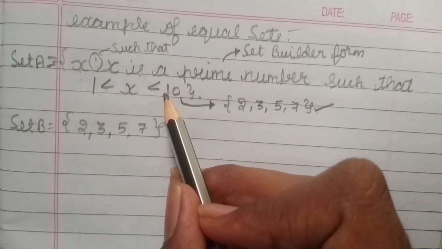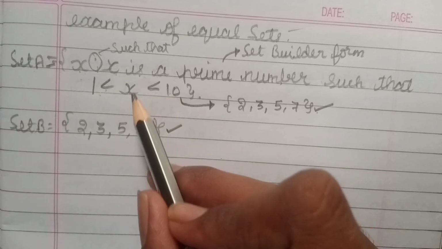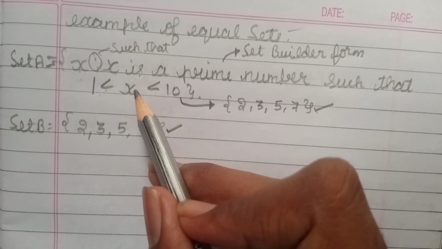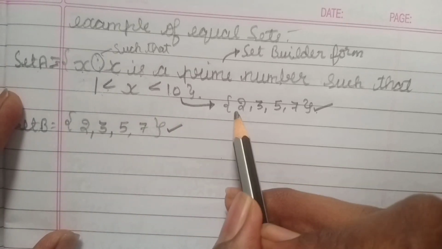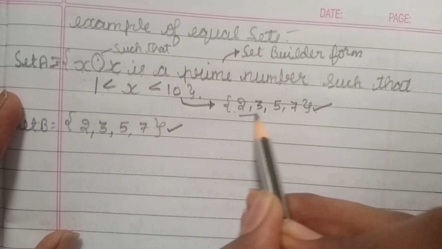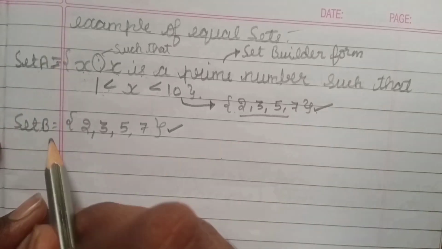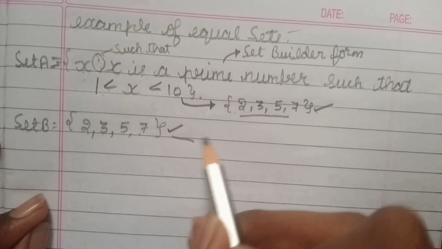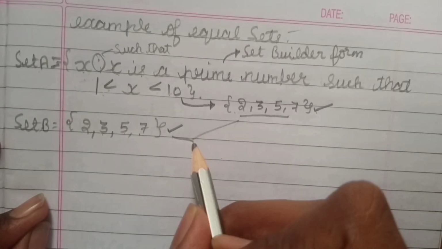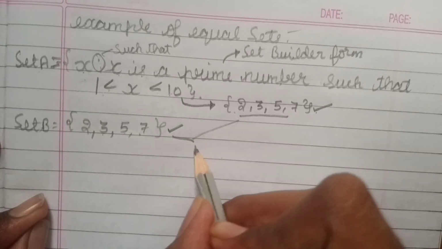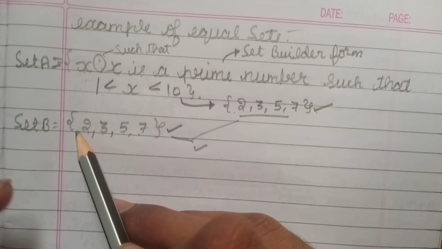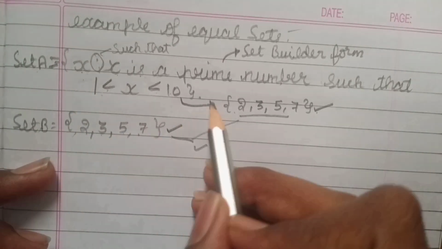Now we should look into the statement, that is x should be greater than 1 but less than 10, and it should be a prime number. So the elements of set A are 2, 3, 5, 7, and set B is given as 2, 3, 5, 7. By seeing these set A and set B, we can easily say that it is an example of equal sets because the elements of set A and set B are similar.